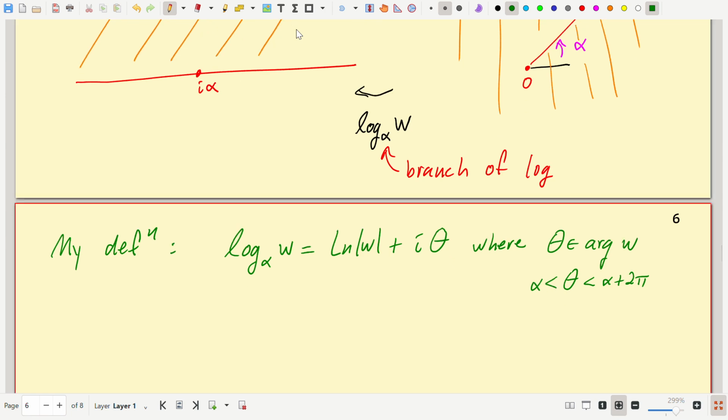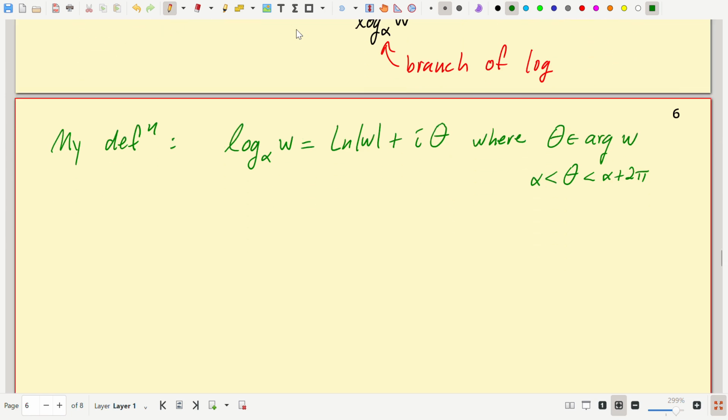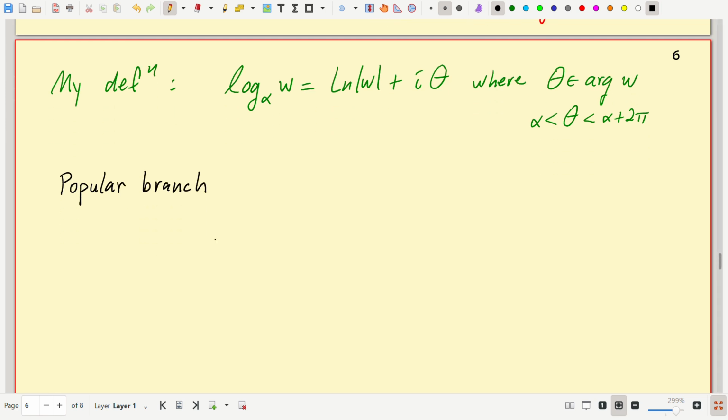Let's see. A popular branch that we'll use from time to time. There's the principal branch, which has the branch cut going out the negative real axis. Another popular branch would have it going out, let's see, I'm going to take here 0 and i times 2 pi.